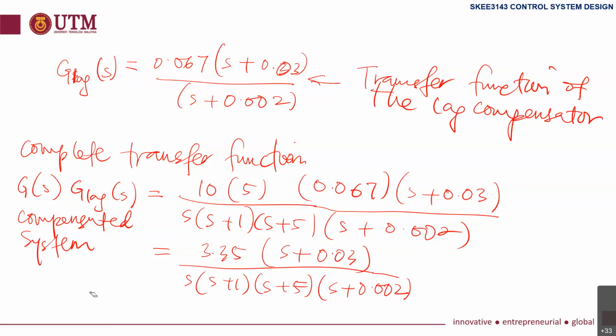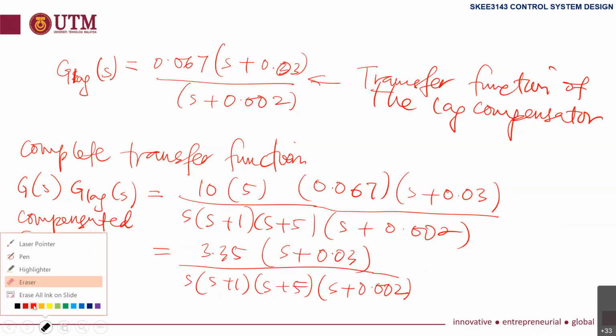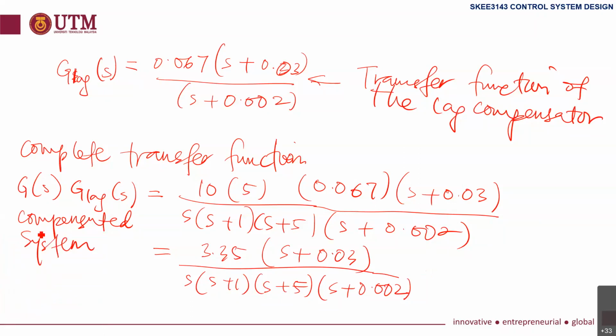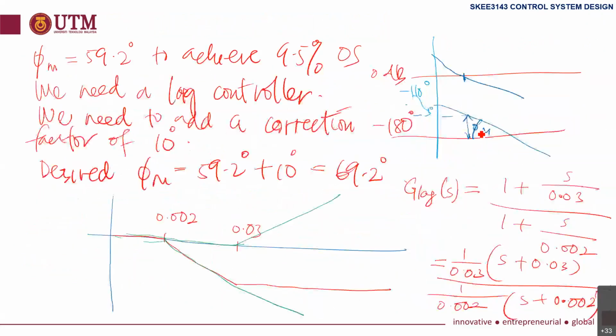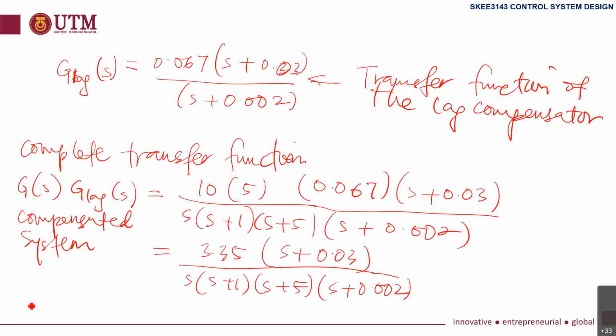If you just want to confirm, remember the question also asks, verify the desired steady state error is obtained. We want steady state error of 0.1. With this, we can again calculate KV.